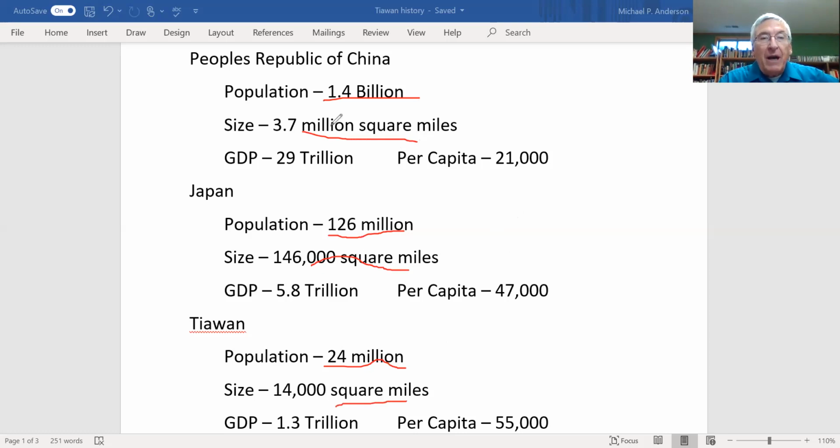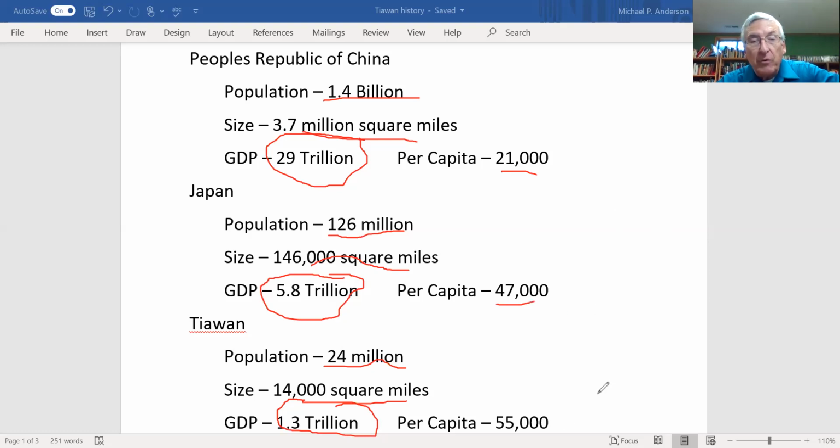Okay. Here's the gross domestic product, China and Japan and little Taiwan down here. However, look at that per capita. Which country is doing the best? China, yeah, they make about $21,000. Per capita in Japan is a respectable $47,000. Japan is doing well.